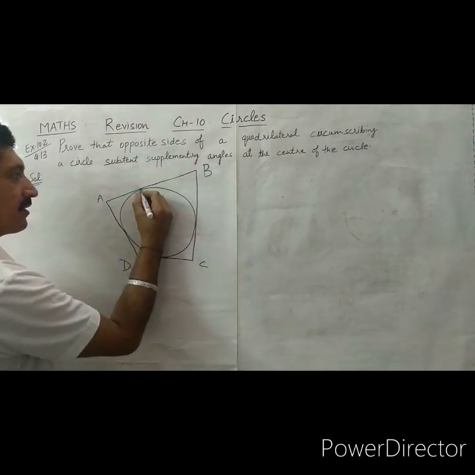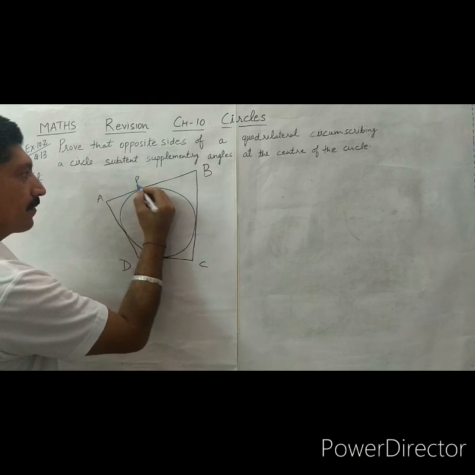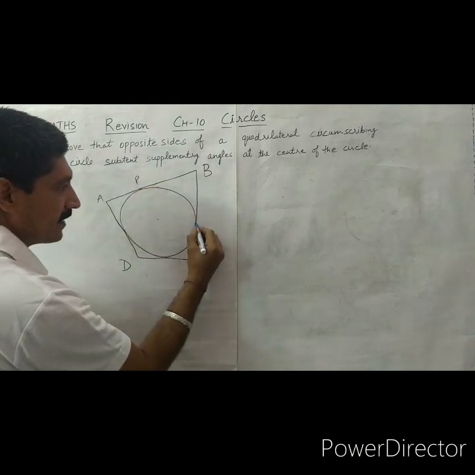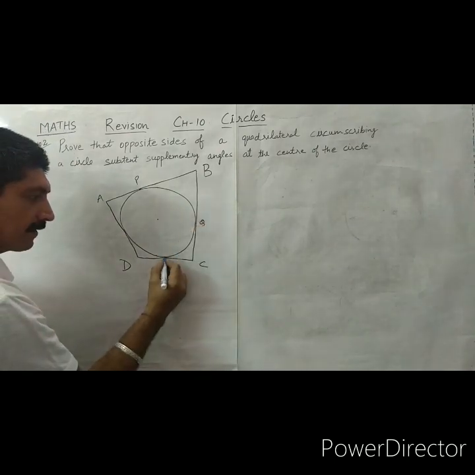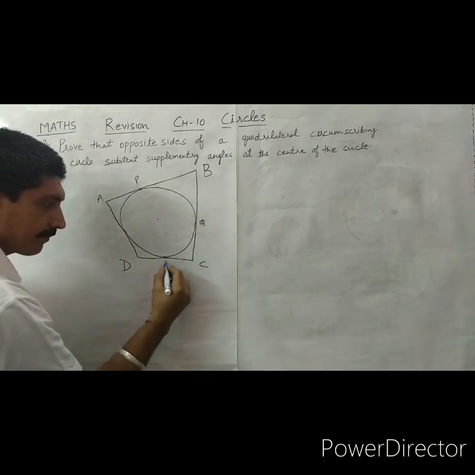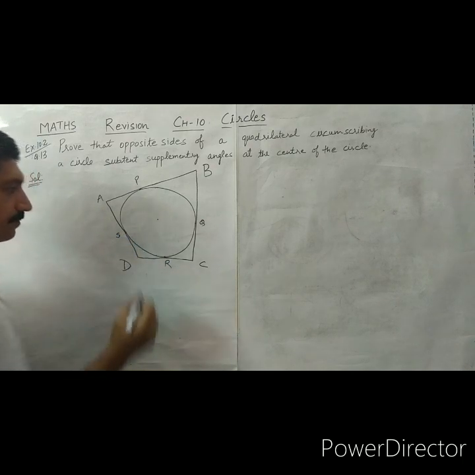It is touching the circle at these points. Let this point be P, this point Q, these are points of contact R, and this point is point S.